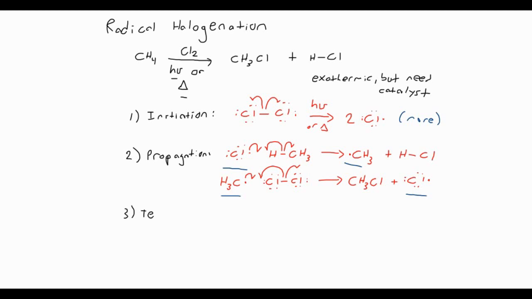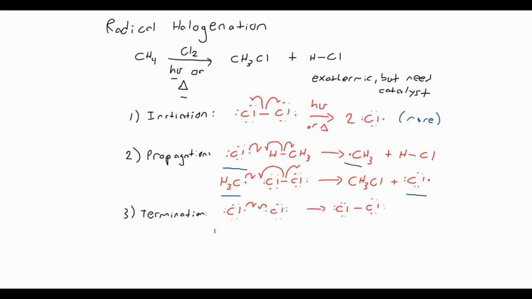Finally, we have termination. And as you can imagine, that means we're going to end the reaction. So we have a few different things that could happen. Maybe two chlorine radicals come together to form a bond, to reform our Cl2 molecule.